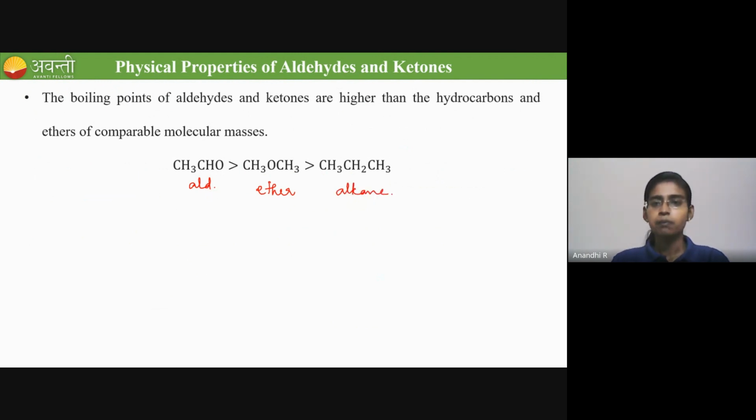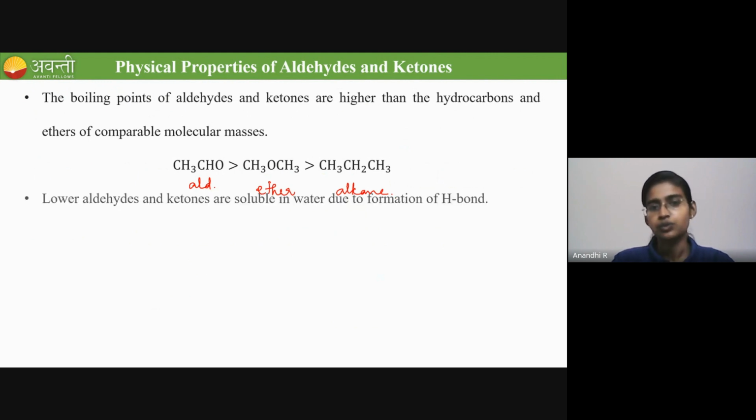When we compare 3 different functional group containing systems which are of comparable molecular masses, aldehyde has the highest boiling point value. So why is it like that? Because of the presence of intermolecular hydrogen bonding present in it. Okay, and also in the solubility, you see lower aldehydes and ketones are soluble in water due to the formation of hydrogen bond.